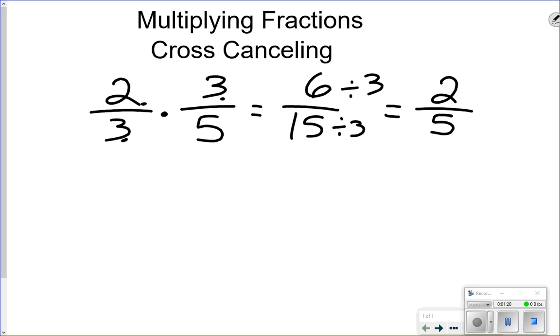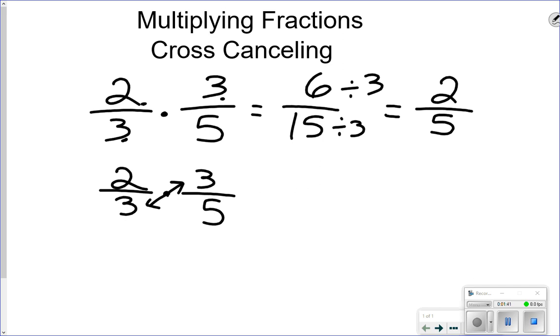That's the old way. I don't want you doing that anymore. From now on, what I want you doing is cross-canceling. I'm going to take the same problem, and cross-canceling says that we look diagonally. We look at the numbers that are diagonal from each other. For example, 3 and 3 are diagonal. So are 2 and 5. We're just taking one at a time.